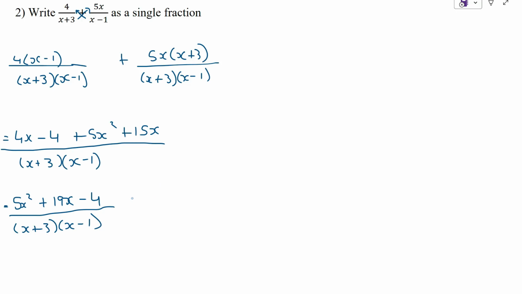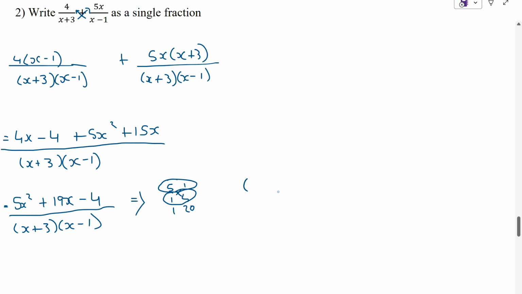Now let's see if we can factorize this numerator here to simplify further. So two numbers are multiplied to give us A times C, 21, and added give us B, so these two can be our brackets.